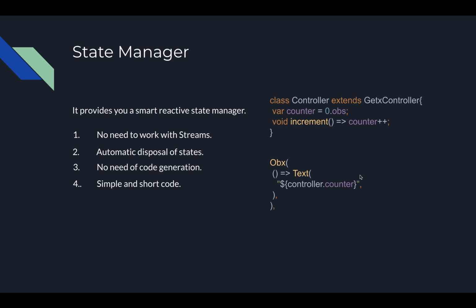And to show this changeable text, we just need to wrap this Text widget inside the Obx widget, which is short for observable widget. So this is it. You just need to write this code to make the simple counter application, the default application that we have when we create the application. And in that application, we have a lot of lines of code, and here we just have 6 or 7 lines. So this is how the state manager works.